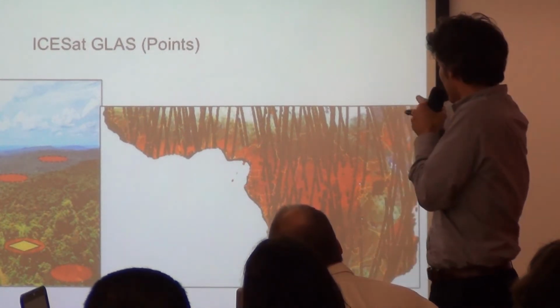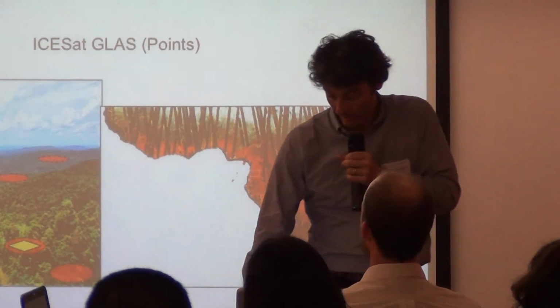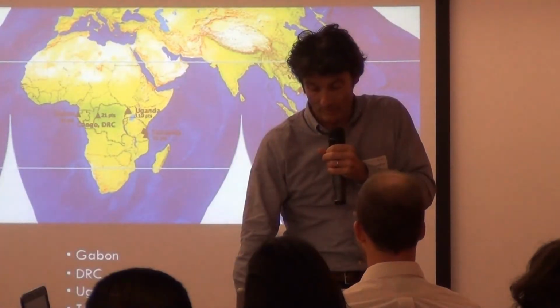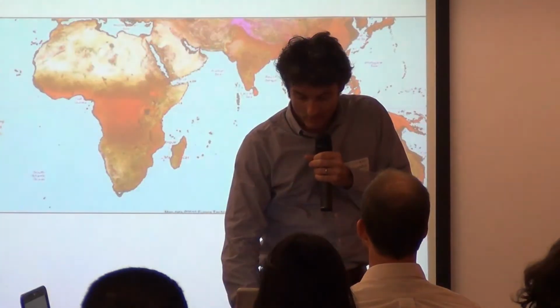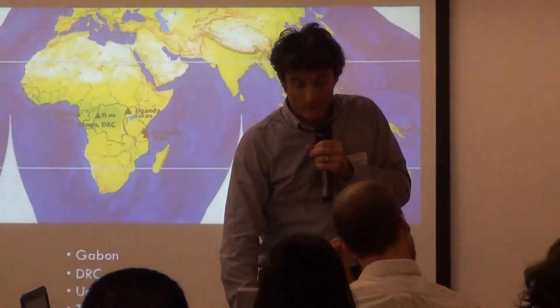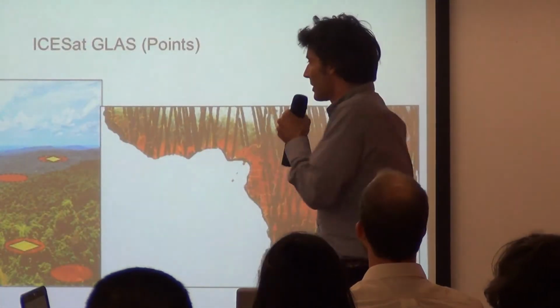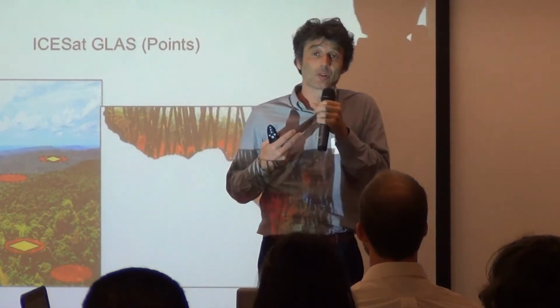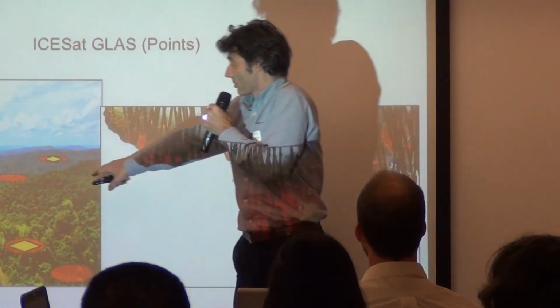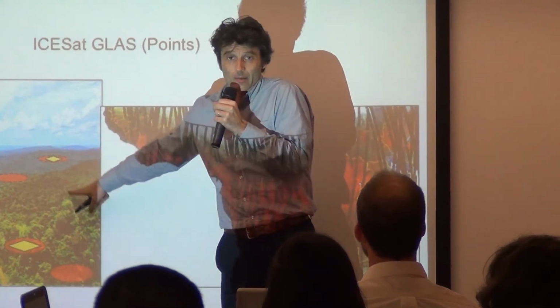So for each of these points, we sort of have an estimate of the biomass. We went across the tropics, 16, 17 countries, and of course, the GLAS data is not continuous. So there are gaps. As in the forest inventory, you have location where you don't know anything.